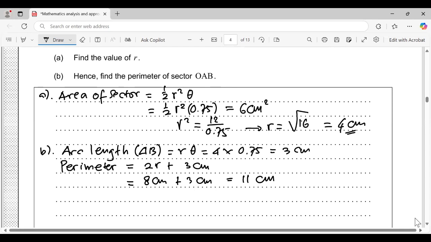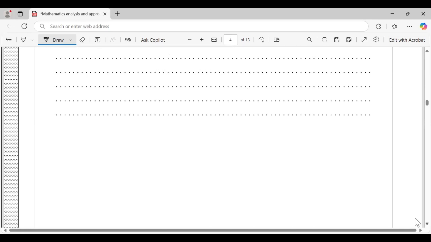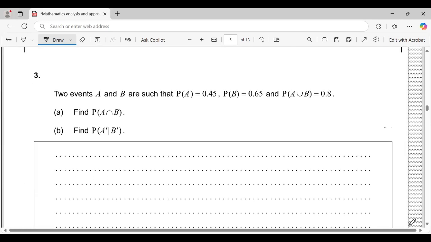Number 3. Events A and B are such that P(A) is 0.45, P(B) is 0.65, and probability A union B equals 0.8. Find probability A intersection B and probability A' given B'. Okay.